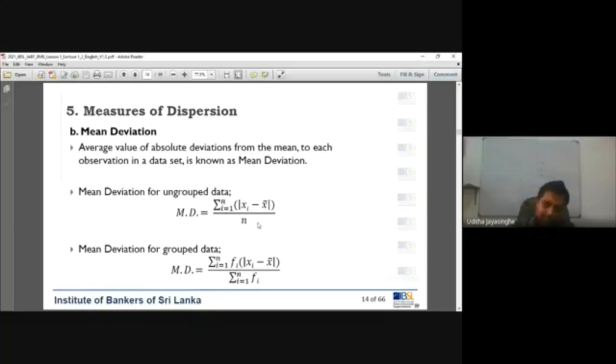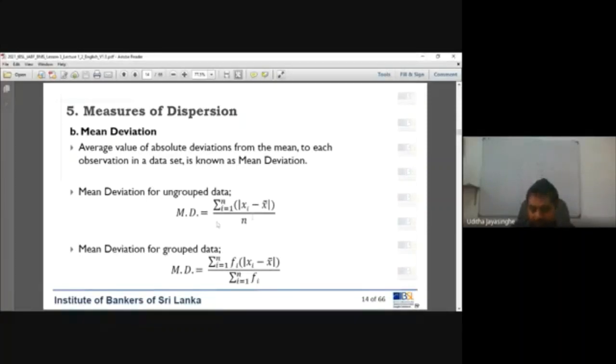So the mean deviation is going to be nothing but, now we are familiar with the sigma, we know what the simple i and the simple n are. We take these individual items, take the modulus value, only the absolute value, between the individual values and the average number, or the mean, which is shown as x bar.